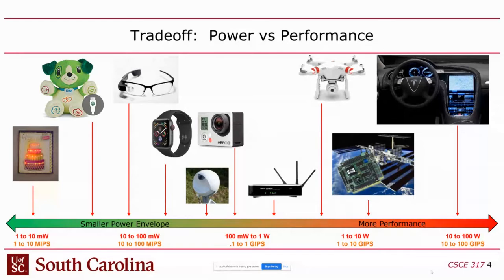Let's see, on the right side of this figure, the other extreme, we have, as I mentioned, probably the most powerful embedded system ever deployed, frankly. It's the one that controls the Tesla self-driving capability.